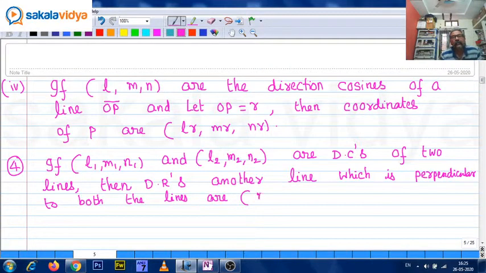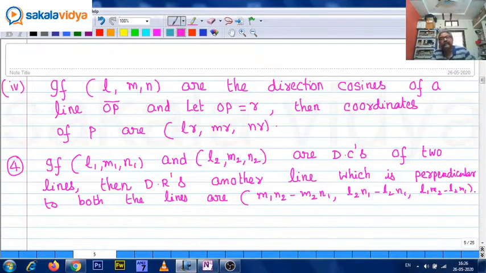M1N2 minus M2N1, L2N1 minus L1N2, L1M2 minus L2M1. This is very easy; these are the components of the vector perpendicular to the vectors L1 M1 N1 and L2 M2 N2.